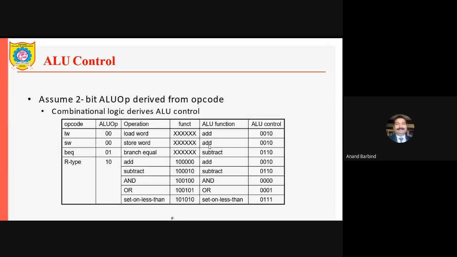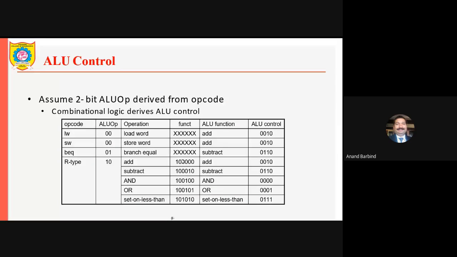In case of store word instruction, it is again add operation. In case of branch if equal, it is subtract operation. Whereas in case of R type instruction, it is these operations. Okay, so the function part which is there in the format of the instruction, for these operations, it is like this. Okay, so this is the encoding of the instruction.